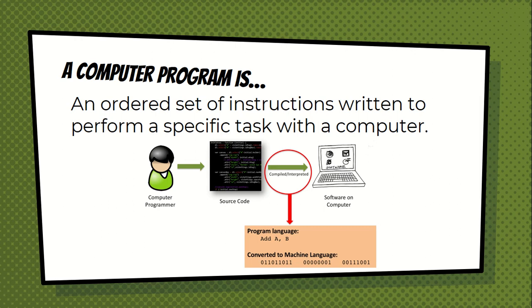So that's essentially what's going on inside of the computer. The role we're going to take is the one of the computer programmer on the left there in the diagram, writing the source code that the computer will then be able to interpret. So we'll write those computer programs that the computer will use, and it will then convert them into its own machine language or binary to allow them to run.